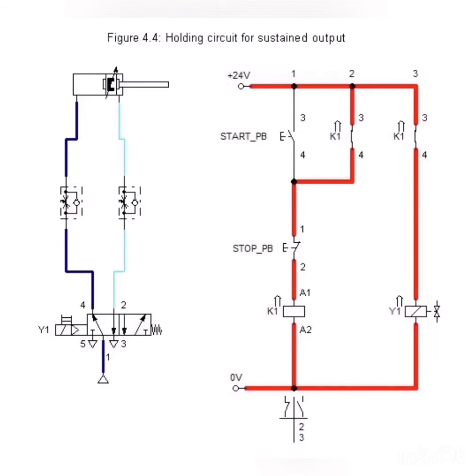The cylinder A extends and it remains the same until the stop PB is pressed. The function of K1 is to act like a holding circuit and the circuit is sustainable as there is a continuous electrical supply flowing, as it is a holding circuit in this simulation.